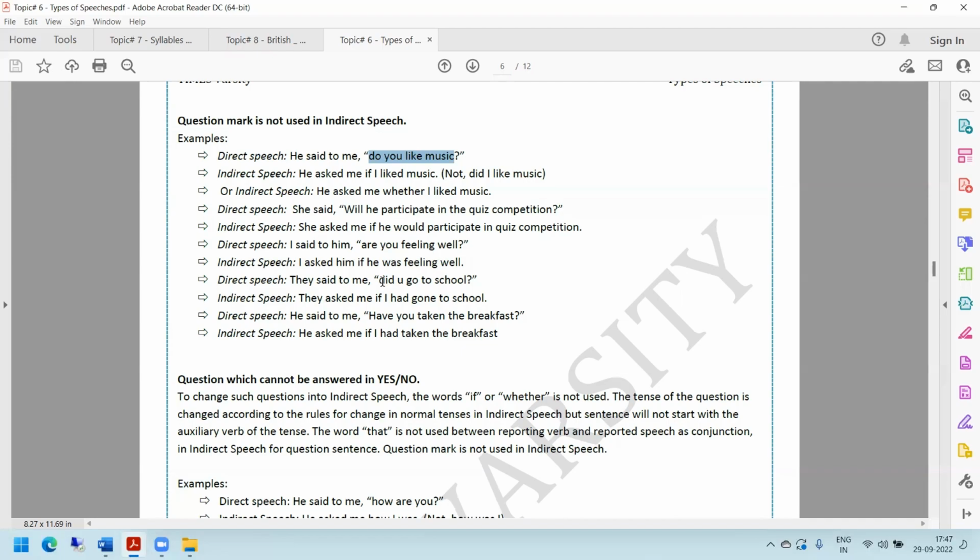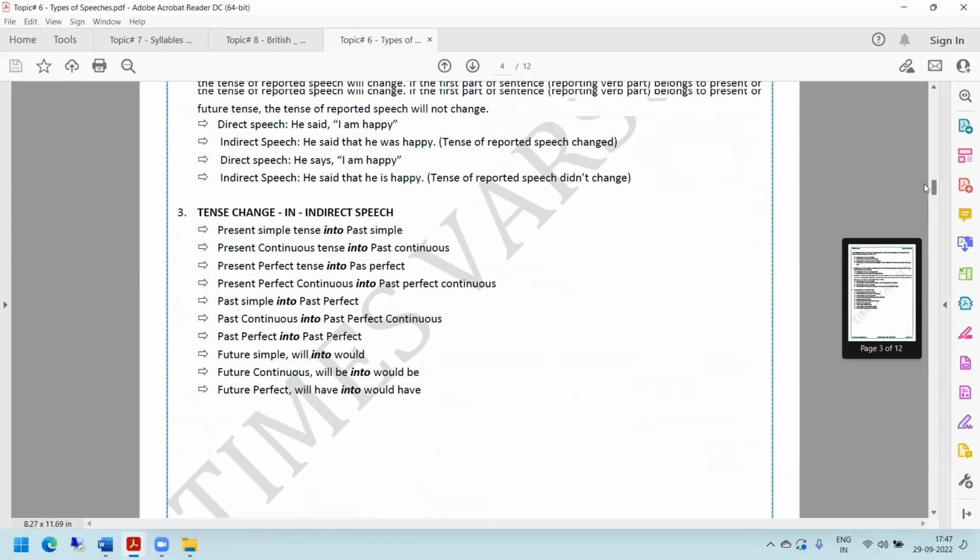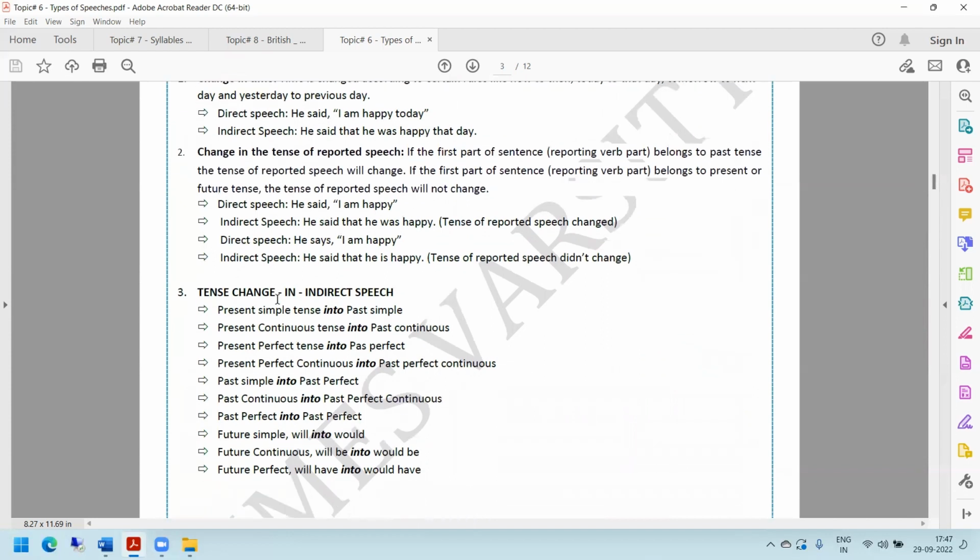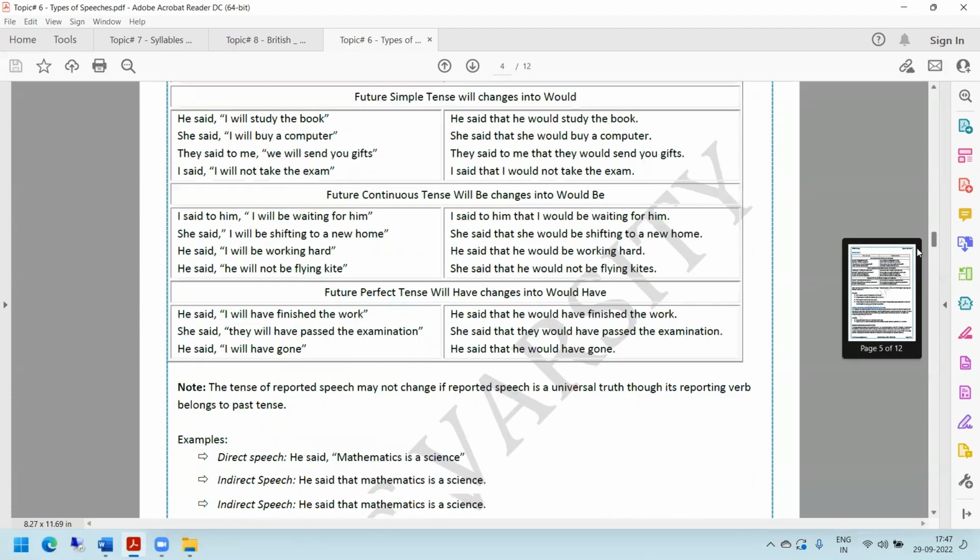So as a rule, look at the rules, what we have done. Present simple tense into past simple tense, present continuous into past continuous, present perfect into past perfect, present perfect continuous into past perfect continuous, past simple into past perfect, past continuous into past perfect continuous, past perfect into past. So this rule is applicable here, whatever we are doing now.